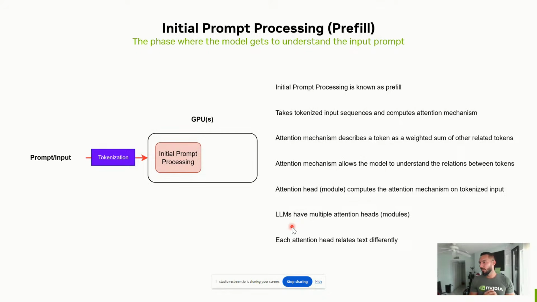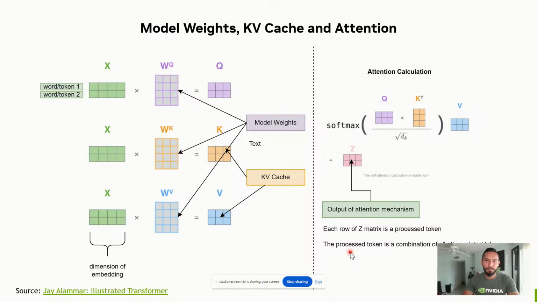Think of it as if I asked a physicist to interpret the text, I asked a chemist, I asked a biologist. That's an abstracted notion of what an LLM attention head is doing, but keep in mind that these language models will learn these sets of abstracted relations. Each attention head is relating the text very differently.